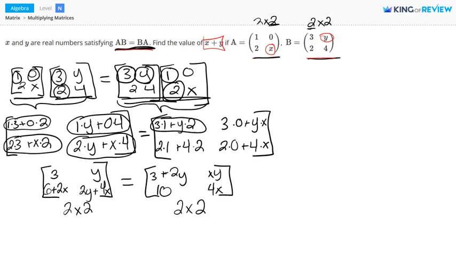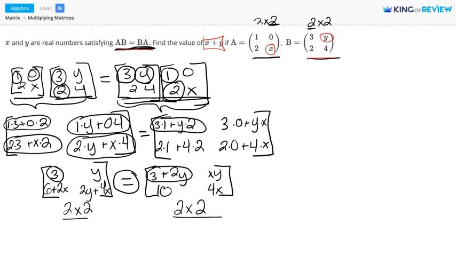Now when we have two matrices with the same dimensions that are set equal to one another, we can set the corresponding entries equal to one another. This means that the entries in the same position are equal. So the upper left-hand entry of this first matrix is equal to the upper left-hand entry of this matrix.